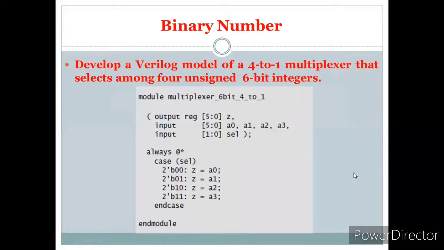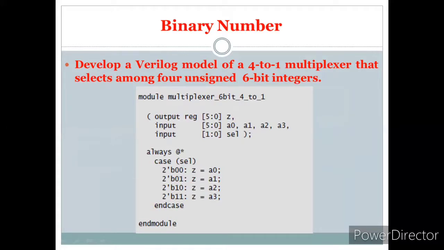So now we have taken a simple program, a Verilog module, for the unsigned numbers. If you observe, develop a Verilog model of a 4 to 1 multiplexer that selects among 4 unsigned 6-bit integers.